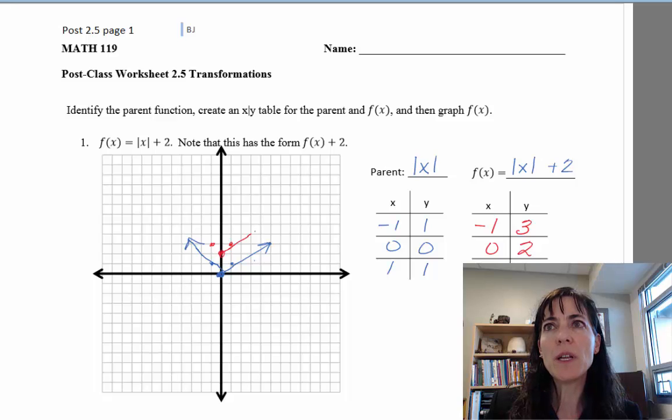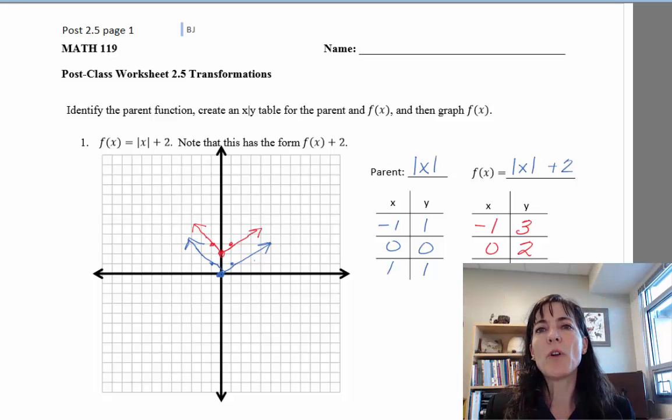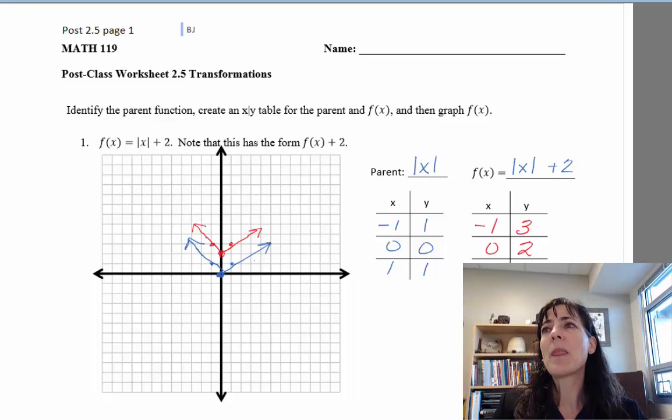And remember, I only need a couple of points because I know that the shape should be a V. I know the sides aren't going to be rounded, so I don't need to worry about finding that exact rounded curve for a parabola. It's not a parabola. Okay, so what I want to notice here is it has the form f of x plus 2.